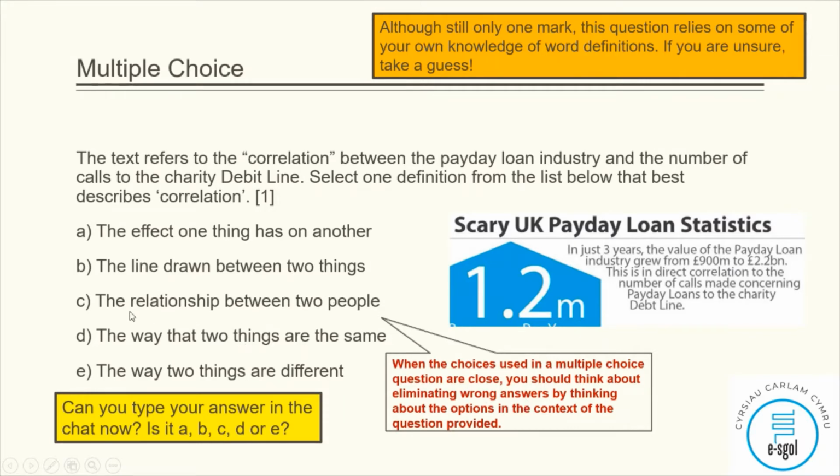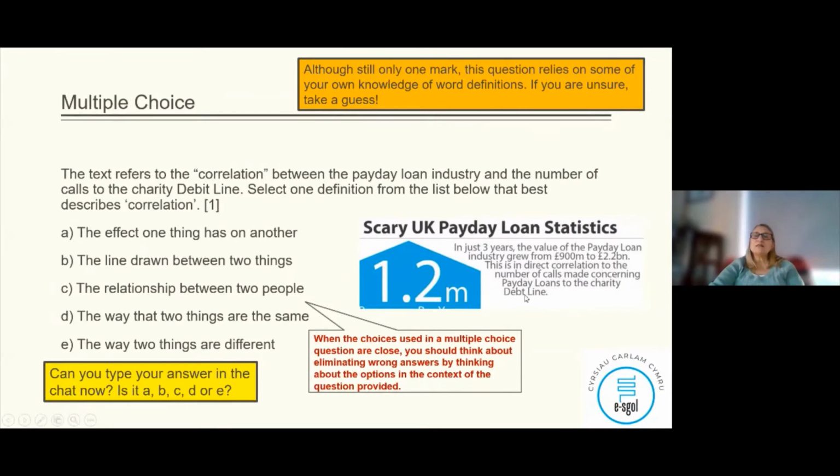So, for example, this one here, the relationship between 2 people. Well, this doesn't relate to a relationship between 2 people at all. They're talking about 2 different things. They're talking about a relationship between payday loans and the charity Debtline. So it's nothing to do with people. So we could cross C out straight away.